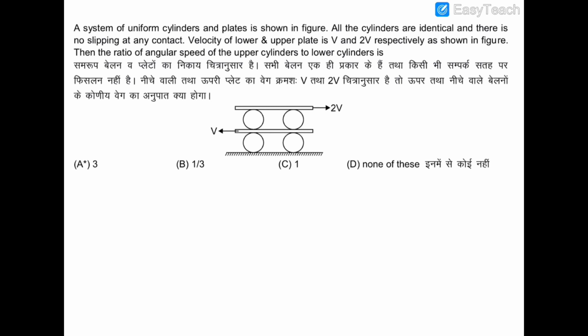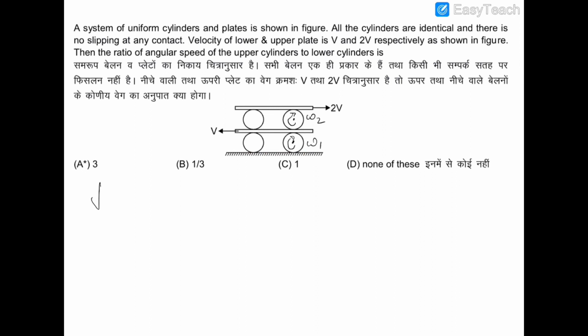So first of all, let us write down the angular velocity of lower cylinder as omega 1 and upper cylinder as omega 2. Now we can see that these lower cylinders are lying on the ground.